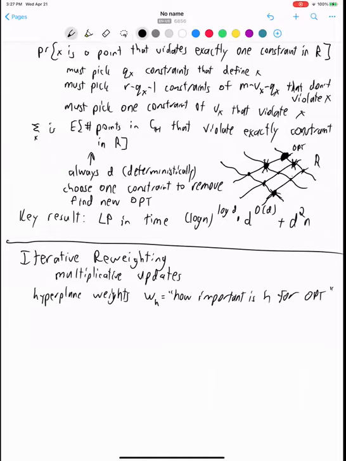And of course, the answer is either it's essential, it is part of the optimum, or it's not. So the actual answers are 0 or 1. But we are going to use real numbers, and we are going to try to shift our estimates a little bit at a time so that the important hyperplanes, the ones that are part of the optimum, develop large weights, and the unimportant hyperplanes that are not part of the optimum develop small weights.